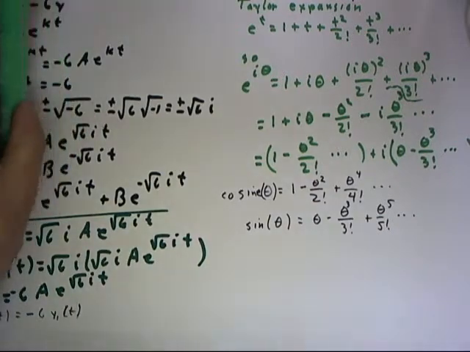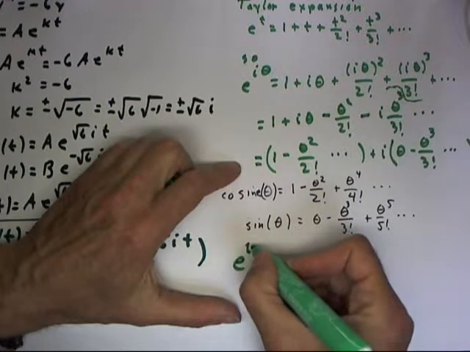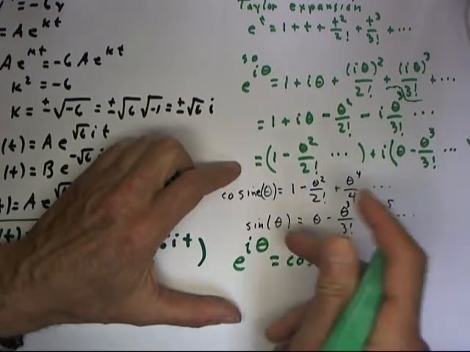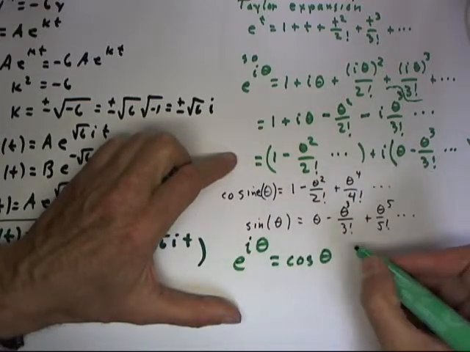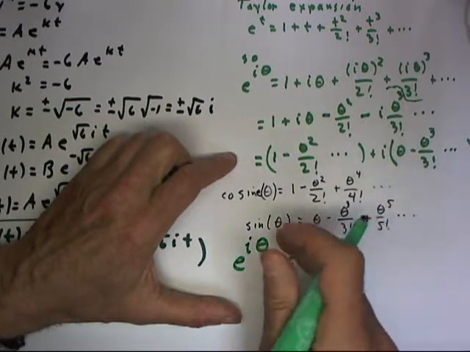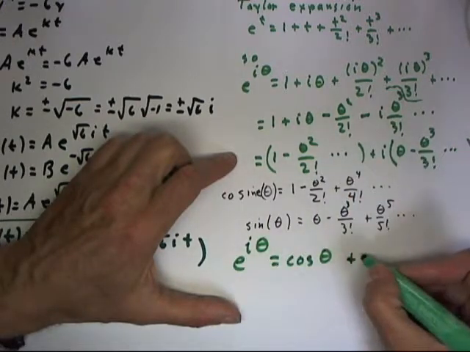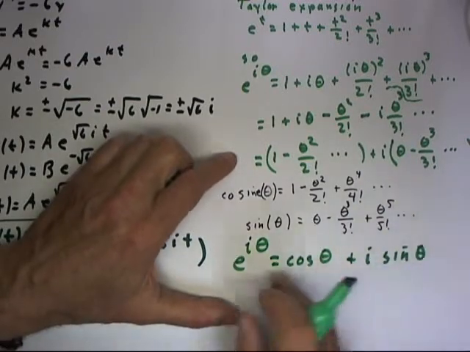This leads us to the conclusion that e to the i theta equals cosine theta, because the cosine of theta is the real part. And then the sine of theta is going to be the terms that have the i in front of them, so that we have i sine of theta.